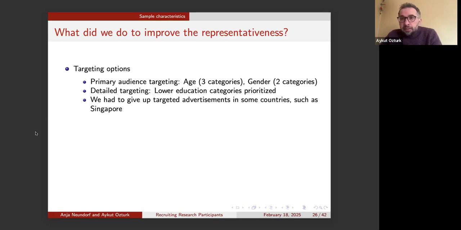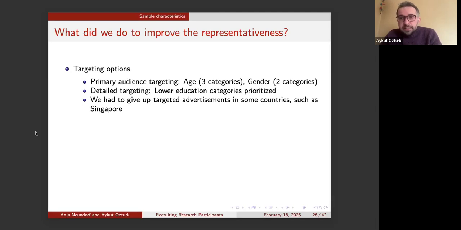We talked about this one in our previous sessions, so I'm sure many of you know about these. One recent change is that Facebook is becoming less supportive of targeting. I think there is a broader consensus that targeting actually doesn't work very well for advertising, political advertising.